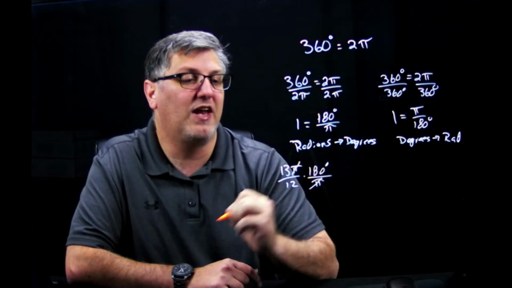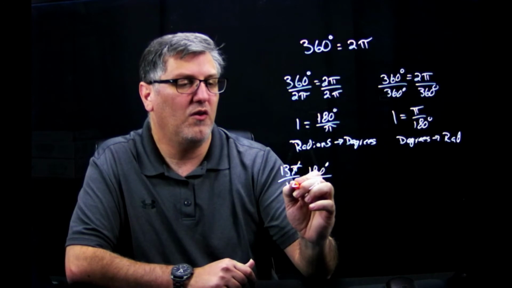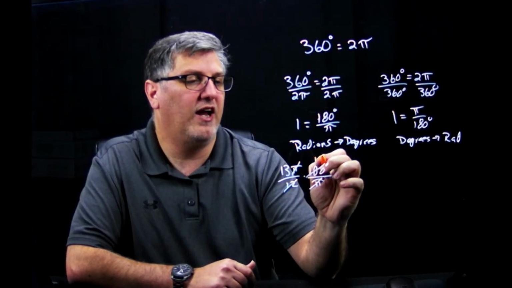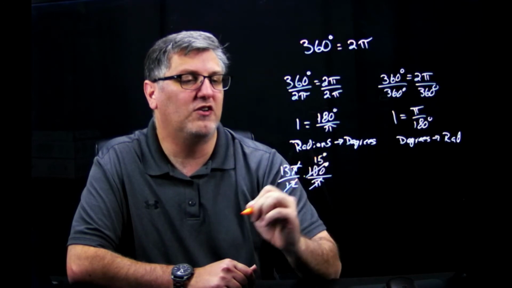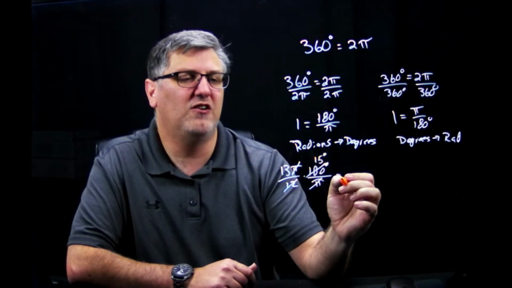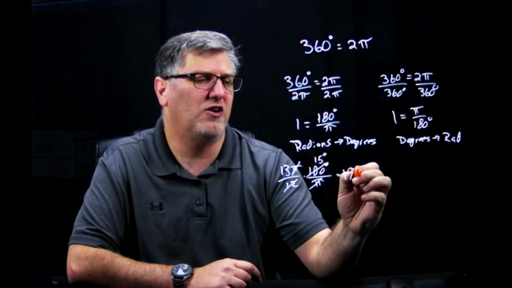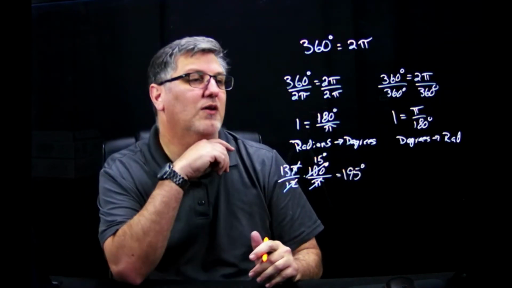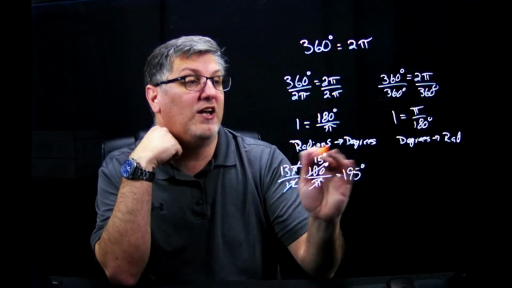Well, my pi's cancel out. Let's see, 12 goes into 180 15 times. Don't forget your degree symbol. And then 15 times 13, it should be 195 degrees. Should be 195 degrees, which it is. All right, so that's how you would convert from radians to degrees.